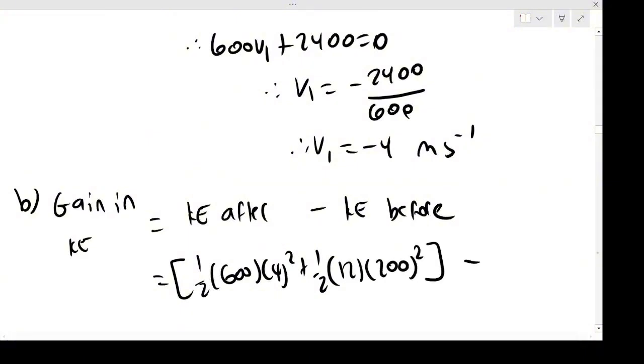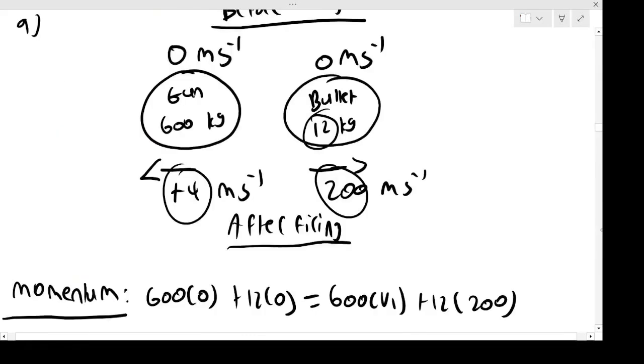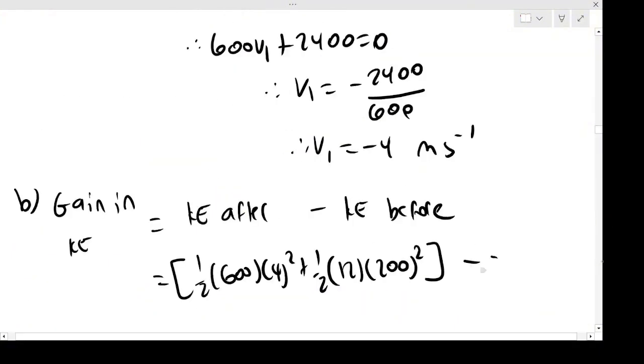And then the kinetic energy before. Both the speeds, the gun and the bullet, are 0 before, so clearly there's no energy there. We don't need to bother working that out, it just goes to 0.